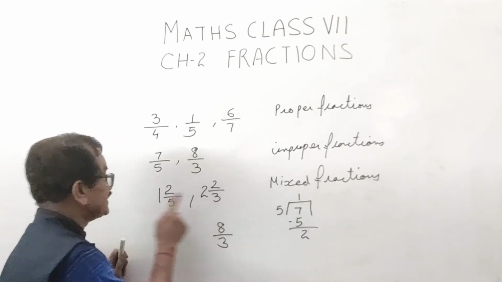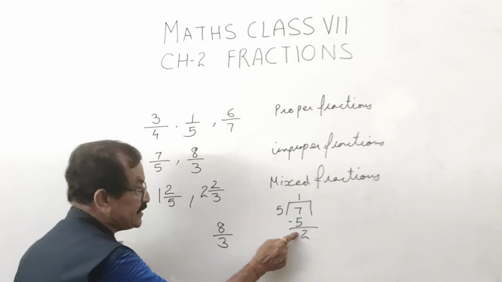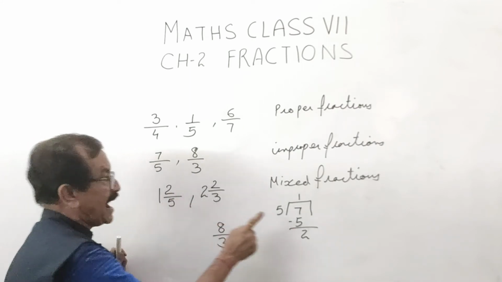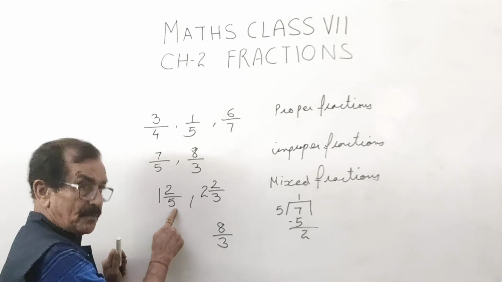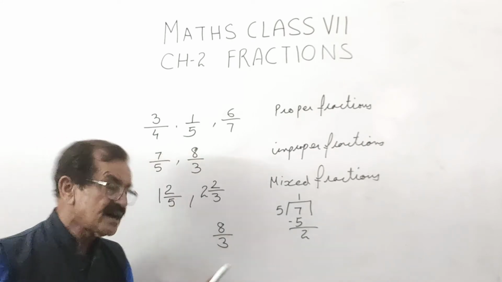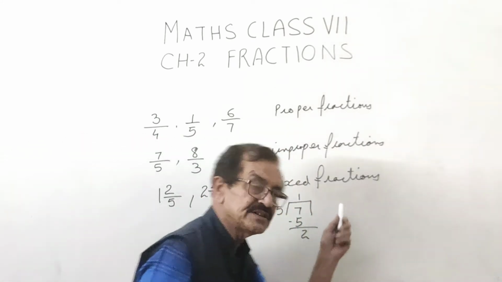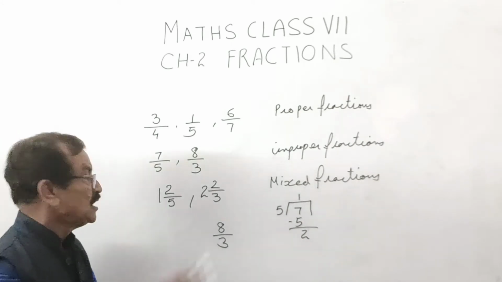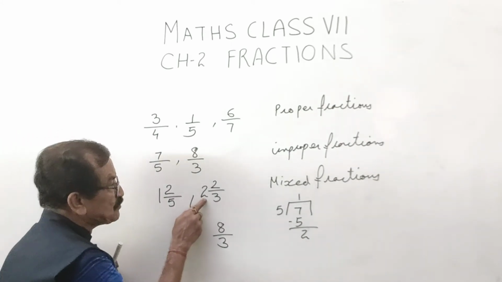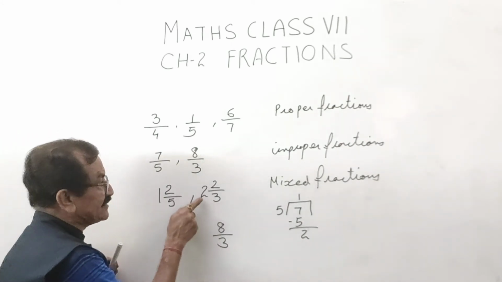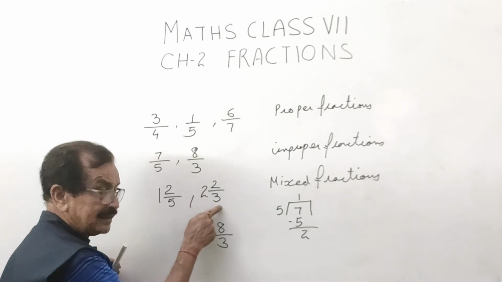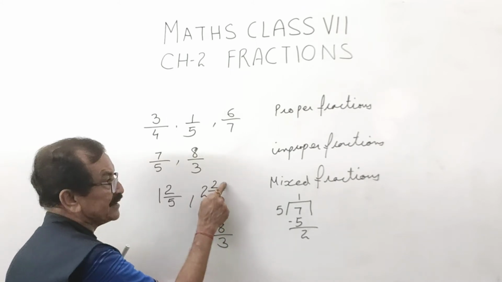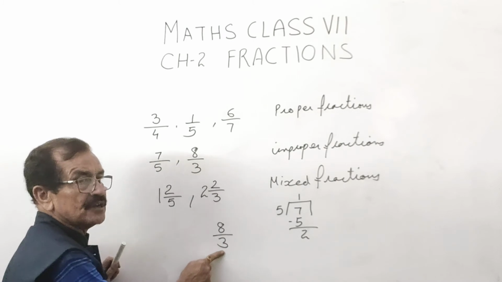The quotient is the whole number, the remainder becomes the numerator, and the divisor becomes the denominator. Vice versa, if we are converting mixed fractions to improper fractions, we simply multiply the whole number and the denominator, and then add the numerator upon the denominator.